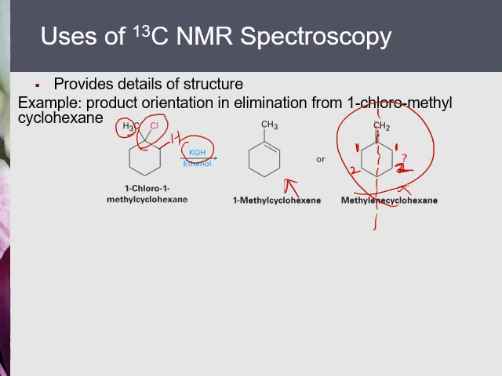And then this is the third carbon, and this is the 4th type of carbon. So the second product has 4 types of carbon atoms, and that gives you 4 absorptions. Now the first molecule is not symmetric, so you should expect to have 1, 2, 3, 4, 5, 6, 7. So you should see 7 absorption peaks.